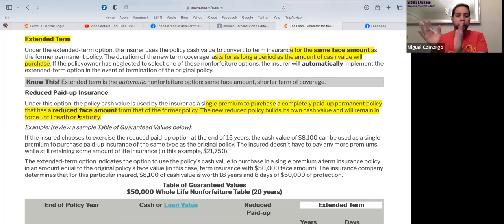You say, hey, I'm done paying on the coverage, I want to buy a reduced policy. Now that new policy will still continue to build cash value. So reduced paid up is the R.